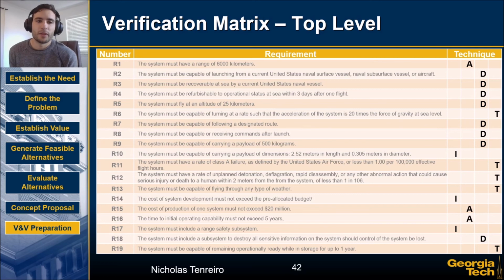The range will have to be analyzed to see if it hits that range based on other tests. The cost and the time to initial capability will have to be analyzed and predicted. And then things like the dimensionality, whether or not it includes a range safety subsystem, and the pre-allocated budget, all just are inspected to verify.